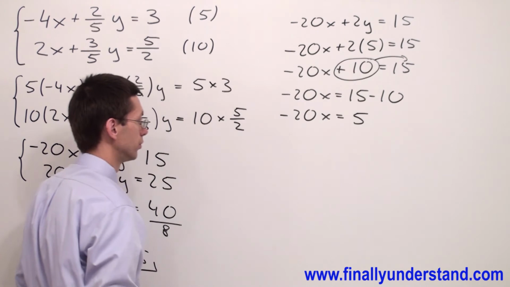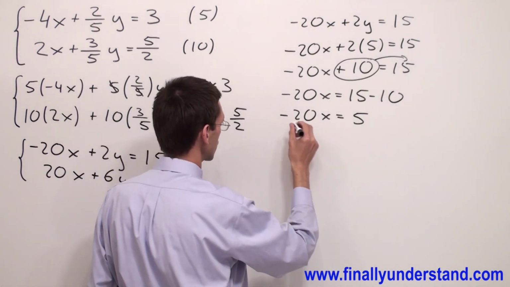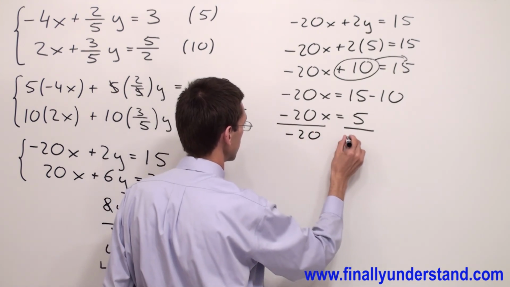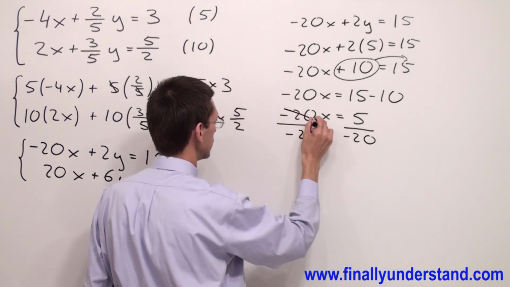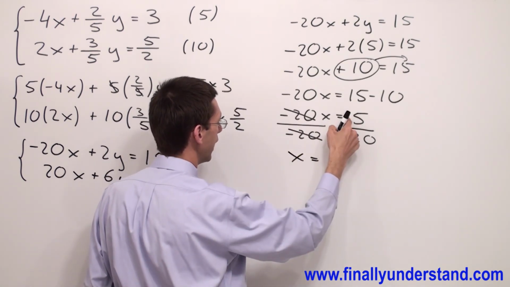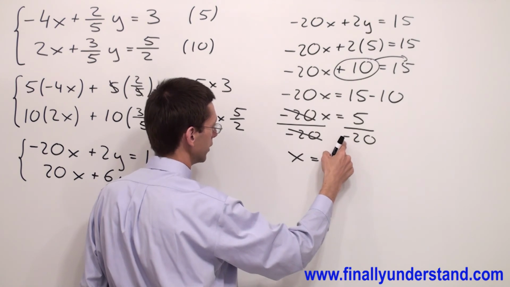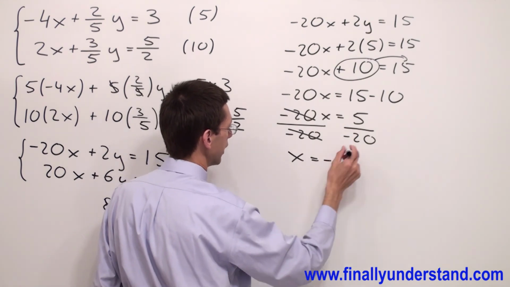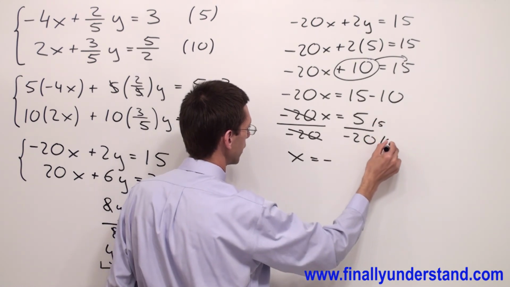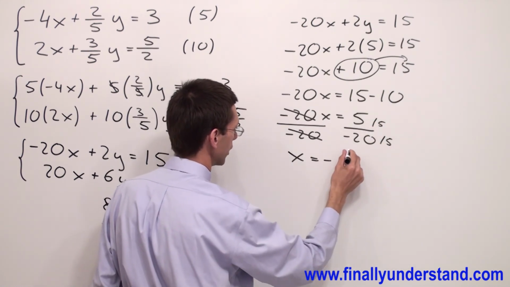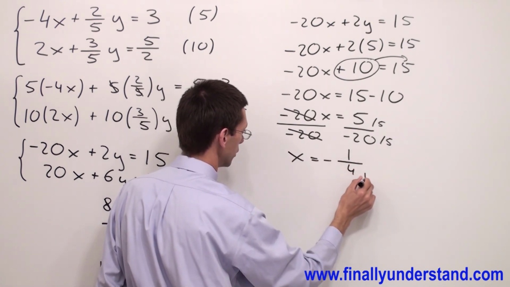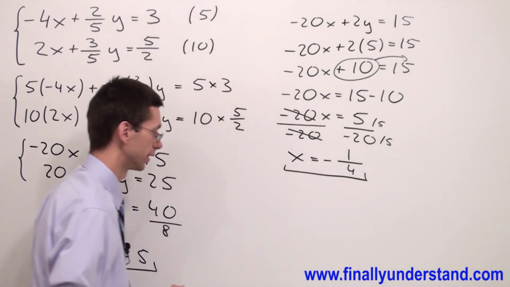In order to find the value of x, I'm supposed to divide both sides of the equation by negative 20. Negative 20 and negative 20 will cancel out, and I have x equals an invisible positive sign divided by a negative sign will give me negative, and 5 and 20 are divisible by 5. 5 divided by 5 is equal to 1. 20 divided by 5 is equal to 4. This is my x coordinate.